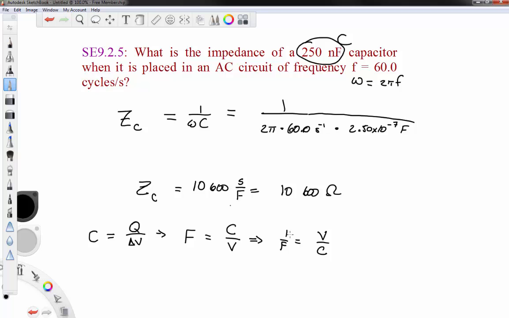So basically you have seconds times volts per coulomb, which looks like seconds per coulomb times volts. This is the unit that goes with current, and this is the unit that goes with voltage drop. And recall that resistance is voltage drop per unit current, and that is in ohms. So this is 10,600 ohms.